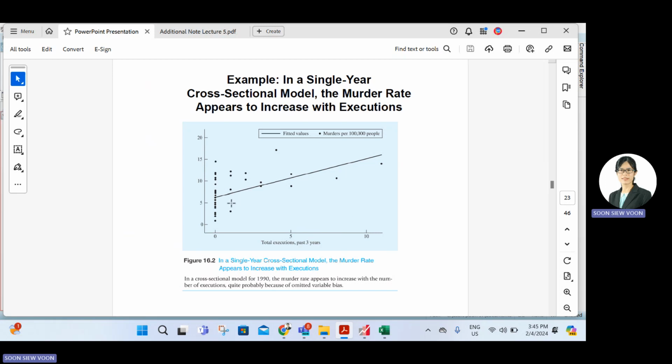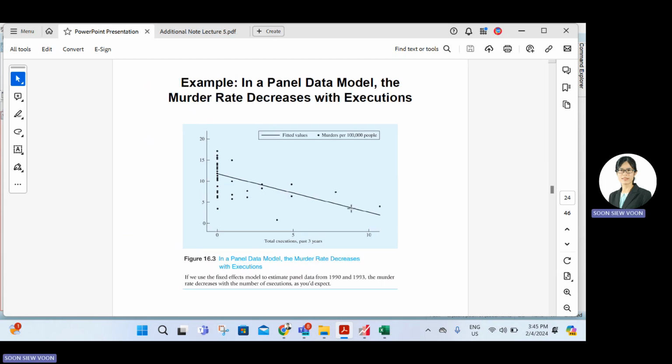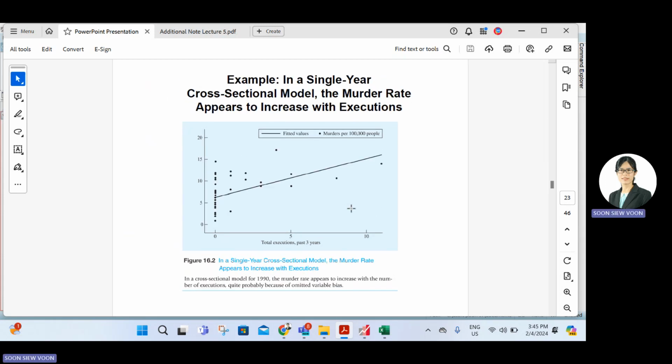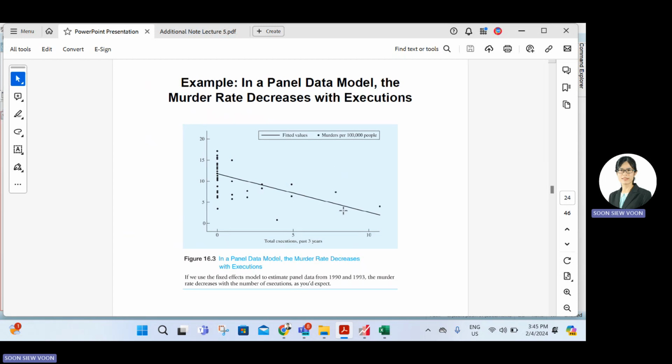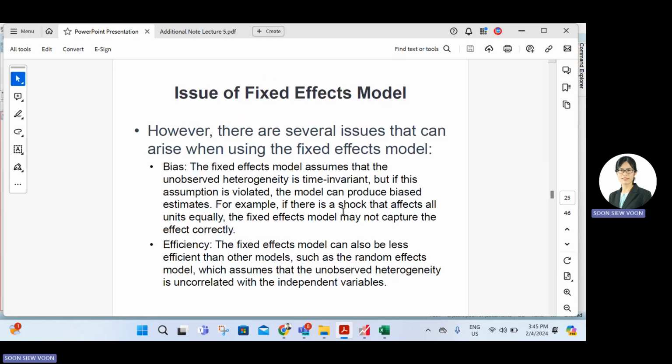Actually, the murder rate appears to decrease with the execution, like this. But if you ignore this fixed effect, it might create an opposite result. That's why it gives you a different conclusion. It's very weird, right? Murder rate appears to increase with the execution instead of decreasing. So that is the story of why we want to take into account this fixed effect.